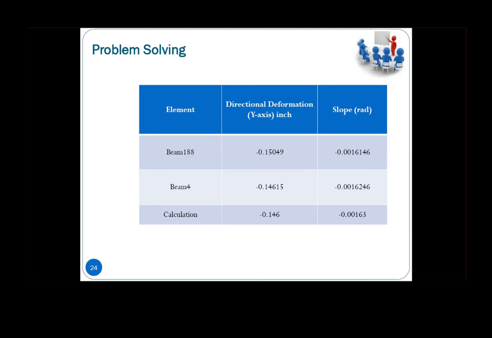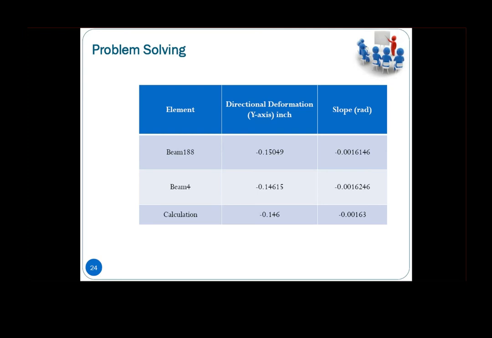itself. So here beam 188, or the Timoshenko beam model, will have additional terms, the rotations, which give us a higher or larger deformation compared to what we call the Euler-Bernoulli beam models. Okay, so in the case of very long beams, probably the effect of these two beam models will not have so much difference.